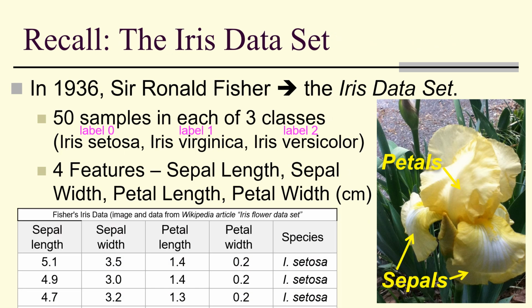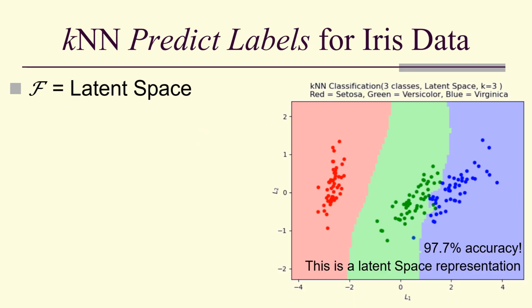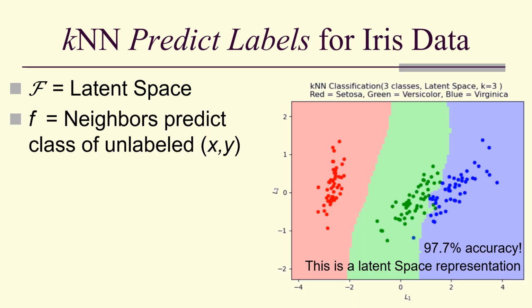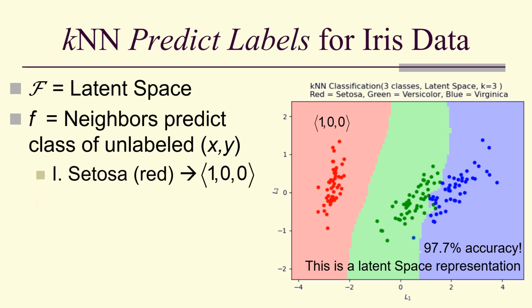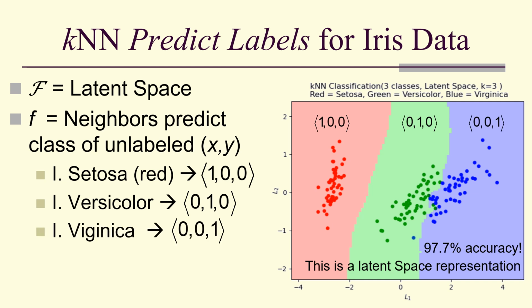For example, recall the iris data. So our feature space was our latent space. Our little f was the neighbor's predictions of unlabeled xy. Iris setosa is red, iris versicolor is green, and iris virginica is blue, and those correspond to the vectors 1, 0, 0, 0, 1, 0, and 0, 0, 1 respectively.